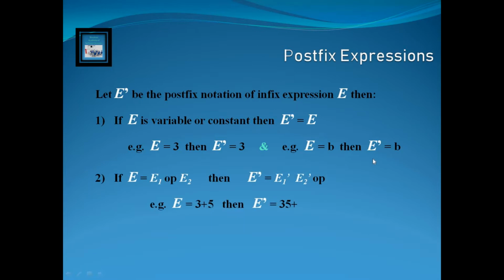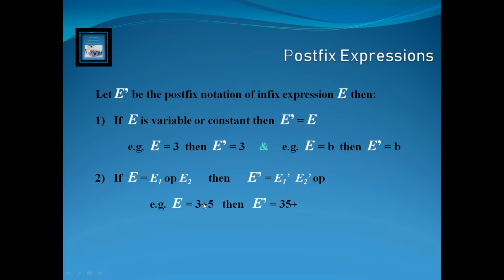The second rule says that if the infix expression E is in the form E1 operator E2, for example in the form 3 plus 5, then its corresponding postfix form will be the postfix form of the first expression, then the postfix form of the second expression, and at the end the operator will come.